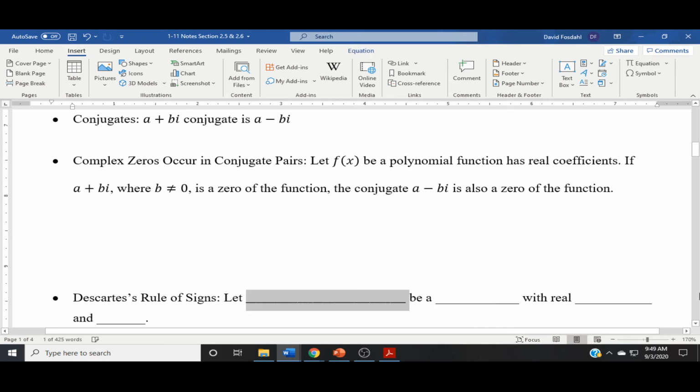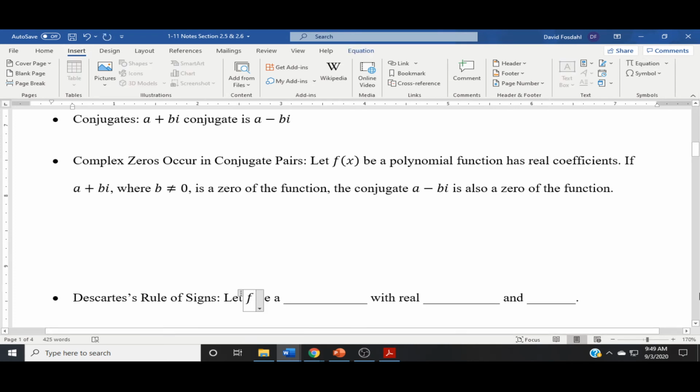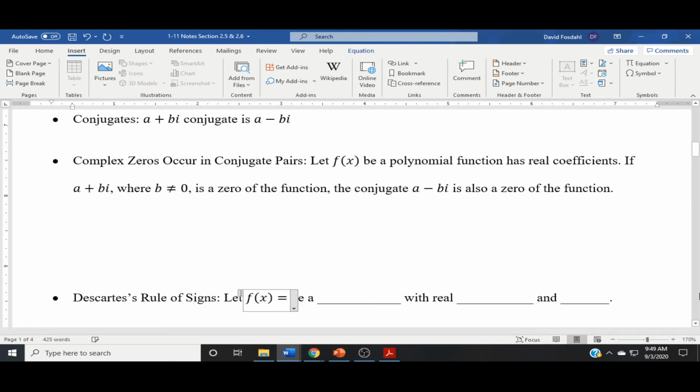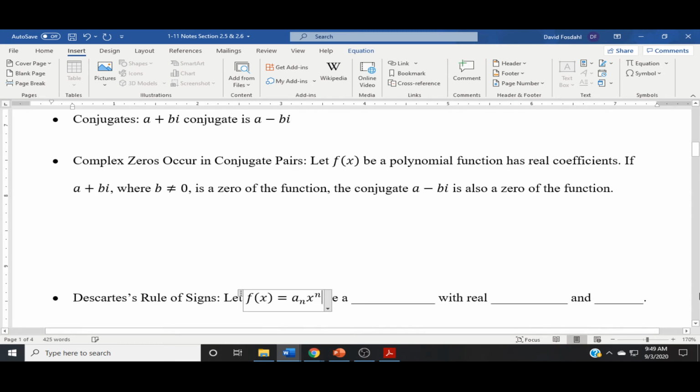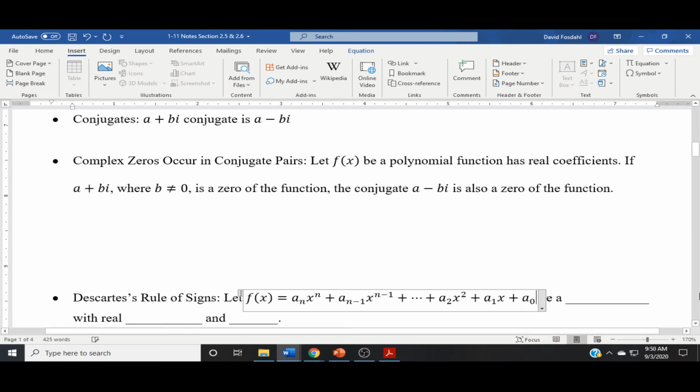Let f of x equal a sub n x to the n plus a sub n minus 1 x to the n minus 1 plus dot dot dot plus a sub 2 x to the 2 plus a sub 1 x plus a sub 0.